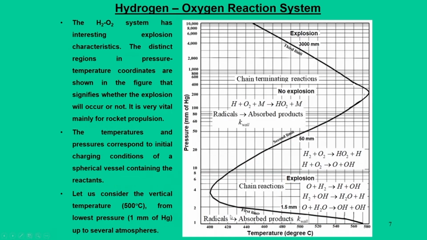Now, let us see what is the effect of pressure and temperatures, and this particular figure talks about the pressure and temperature plot in an H2-O2 system. I mentioned earlier that in some environments of pressure and temperature conditions, H2 and O2 can stay together, and in other situations they can behave in an explosive manner.